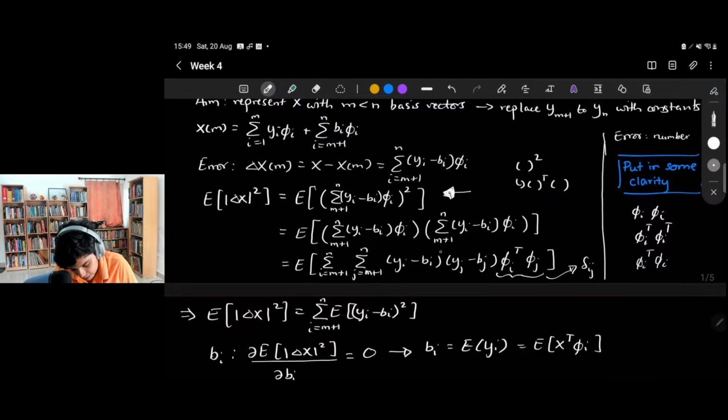So there is some mistake over here. This whole thing is a transpose, then this. And when you separate out the indices for the summation, you have I for one, j for the other. So I transpose and j. So that's the thing: you open up the square into the transpose times the thing itself.